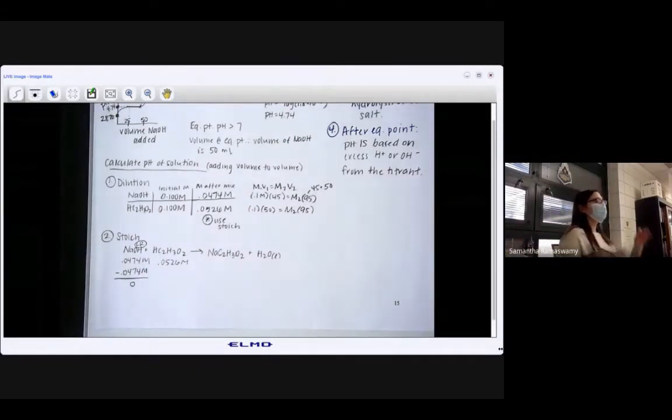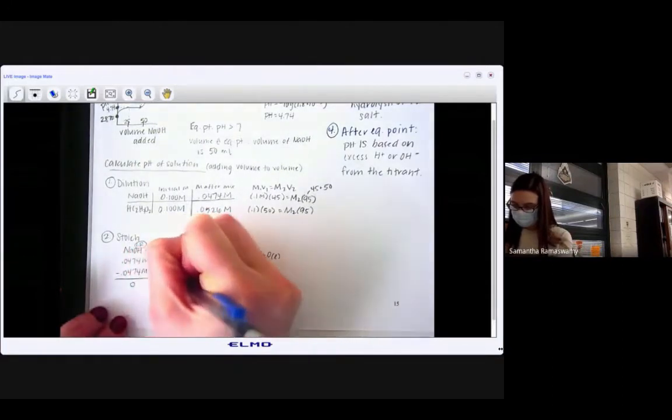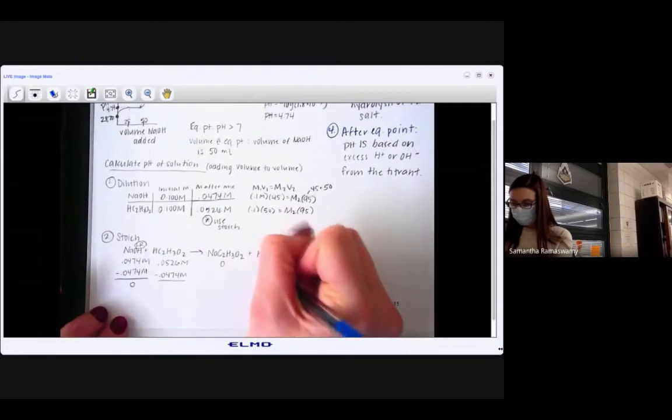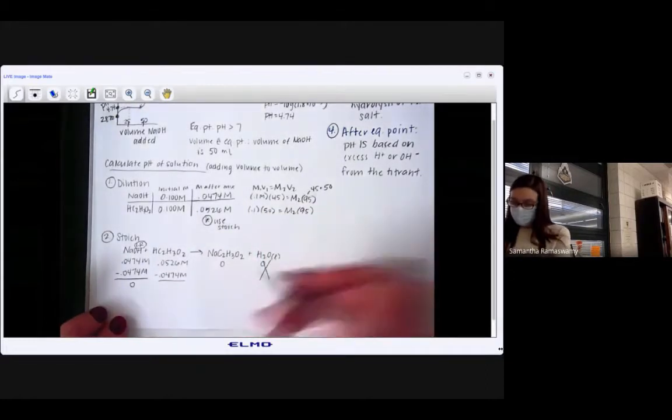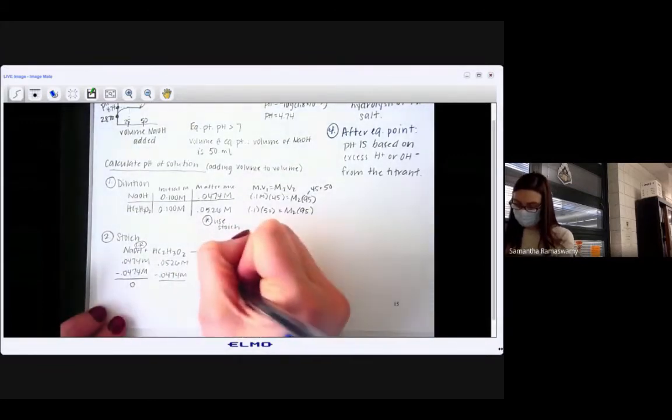If I use NaOH up completely, NaOH and acetic acid are a 1-to-1 ratio. So I'm going to use up the same amount of acetic acid. Oh, water we're going to ignore. They're all 1-to-1-to-1 ratios. I'm also creating products.